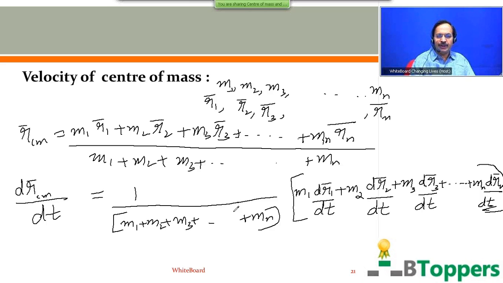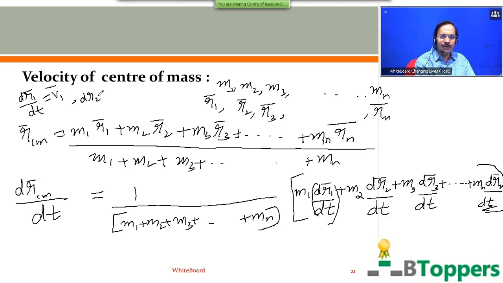So dr1 bar by dt gives the rate of change of position vector of the first particle with respect to the origin O. That gives you the linear velocity vector of the first particle. That means dr1 bar by dt can be written as V1 bar, where V1 bar is the linear velocity vector of the first particle of mass m1.